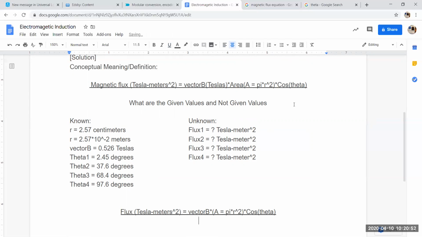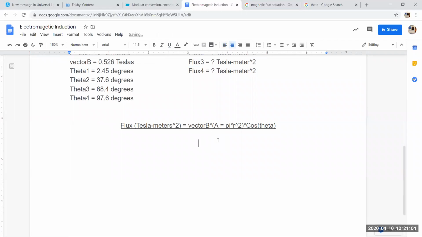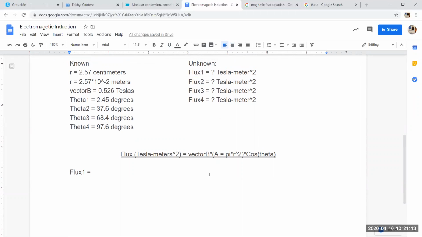So looking at this, we have flux 1, right? So flux 1 is what I want. And now what are we working with? Well, that's going to be equivalent to, like I said, everything in this equation. So flux 1 is equivalent to what? Well, that's our B field. We said that was 0.526 Teslas multiplied by, and notice I'm putting in products so it stays neat for you. You put it in a Google calculator.